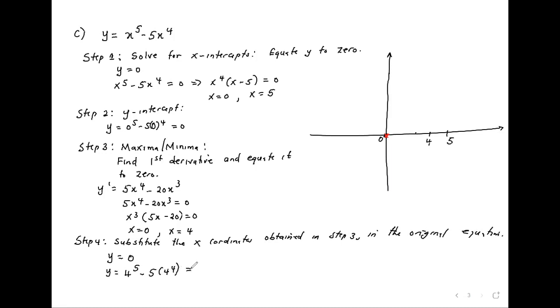So here we'll solve it mathematically. We'll factor out 4 power 4 and remain with 4 minus 5, which is equal to 4 power 4, that is 16 by 16, times negative 1. What is 16 by 16?